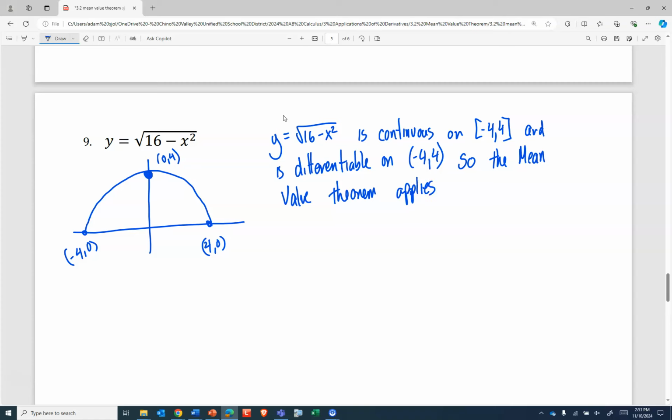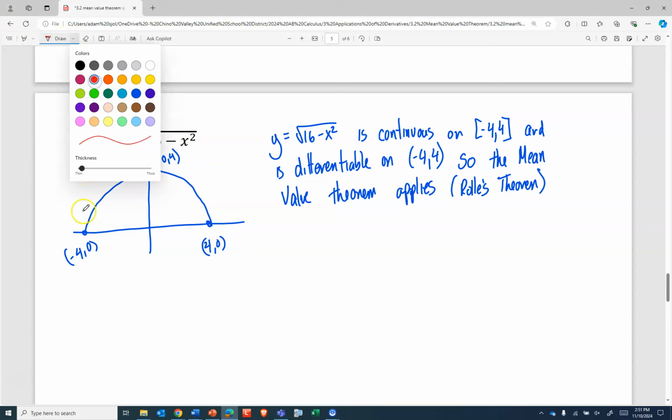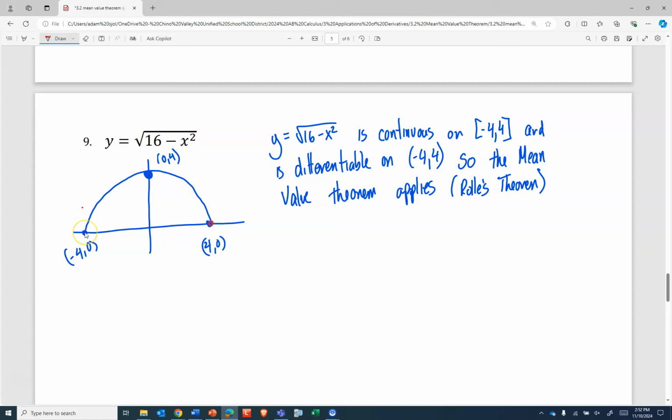So the mean value theorem applies. And let's see if we can go ahead and set this up. On the right-hand side, that's going to be pretty easy. By the way, this is a Rolle's theorem case, because the y values of the endpoints are equal. I'm not going to write that out because I don't want to do the extra writing. But just realize when you're asked about Rolle's theorem, that's mean value theorem plus the y values of the endpoints match, which means we're going to get a horizontal tangent somewhere in between the endpoints.